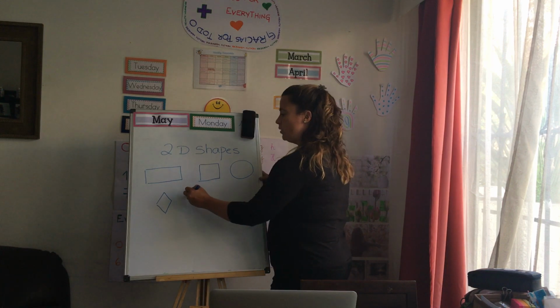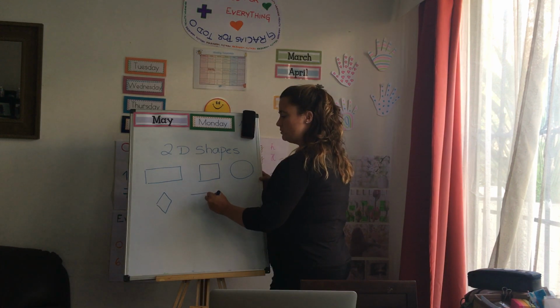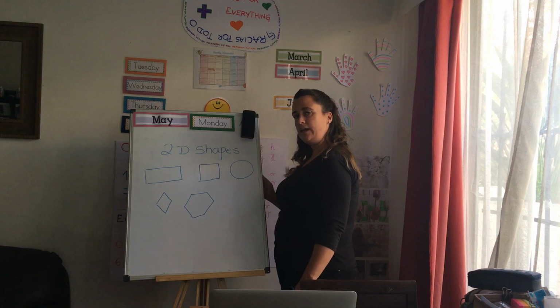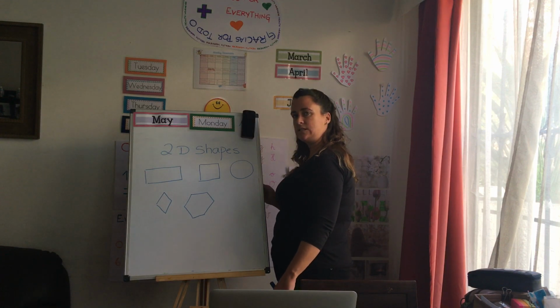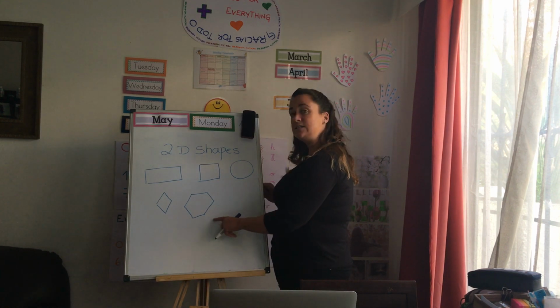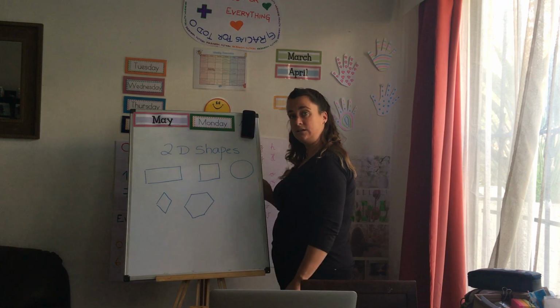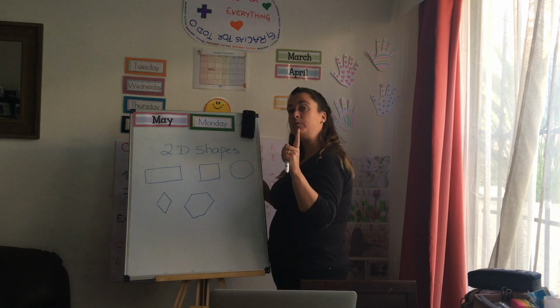Look at it. 1, 2, 3, 4, 5, 6. It has 6 sides. This is a hexagon. New name probably.